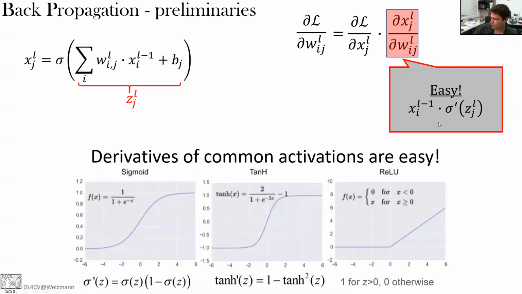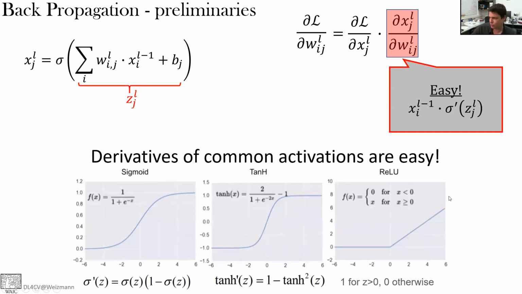What we have here is just x, the value of some neuron, multiplied by this thing that at first glance may look complicated, but it's actually really easy, because it's the derivative of the activation function. For the common ones it's super easy, and you can prove it yourself. For sigmoid there's a very simple formula.